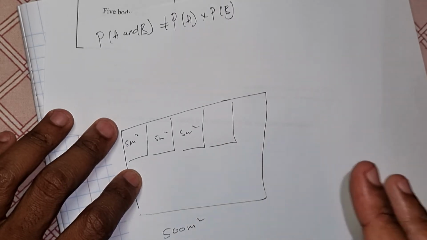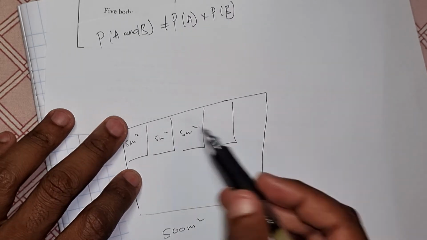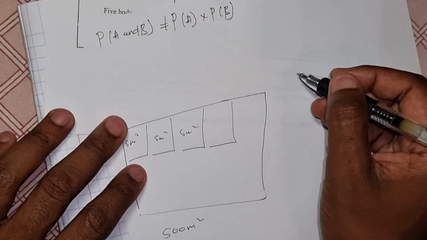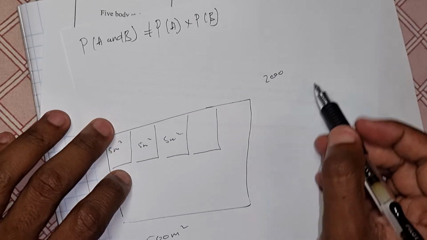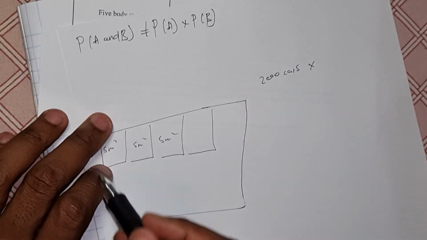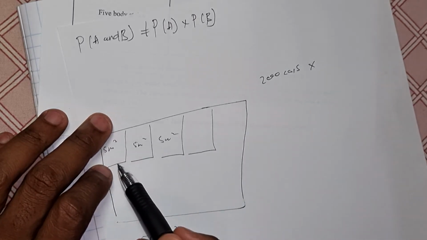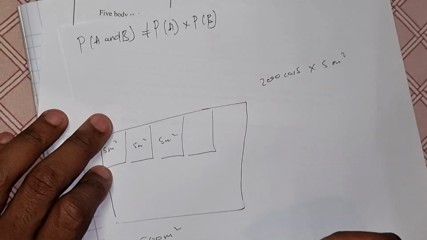Let me make an example. Let's say this company manufactures maybe 200 cars. Those 200 cars are supposed to fill this area. Remember, in this showroom each and every car occupies an area of 5 meters squared.